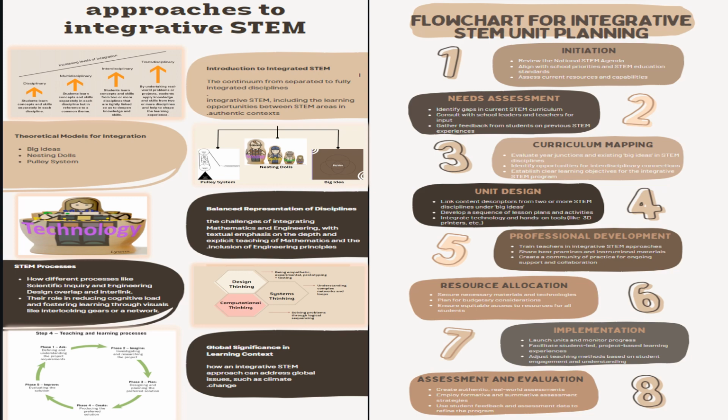Computational thinking helps with the logic behind problem solving, while design thinking offers a user-centric perspective, and systems thinking provides a broad overview of how everything is connected. Integrating these processes helps the students think critically, understand complex ideas better, and apply what they learn to real-world situations.